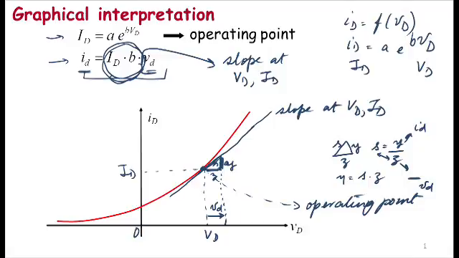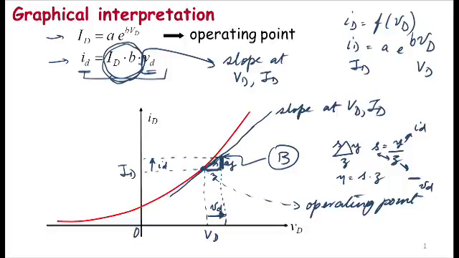Interestingly enough, by multiplying the slope with VD, I am getting this as my ID. So again, by taking my slope S and multiplying that by VD, which I marked as Z here, I'm getting Y, where Y is my ID. So what I've done is I've approximated the actual value with this point. Let me mark that point as B. So I'm using this little length here as ID. But really, what should have been the right value?